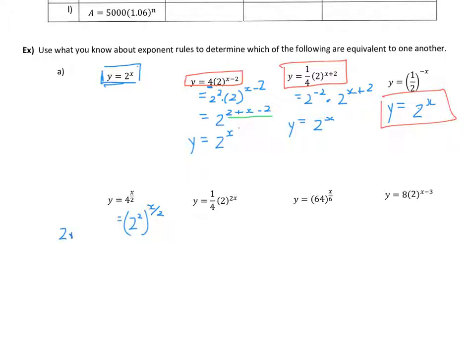So if we have 2 times x over 2, the rule is multiply the tops together. You're going to get 2x divided by 2. The 2's are really canceling out here. 2 divided by 2 ends up being 1. So that's just equal to x. So that equals 2 to the x. Well, what do you know?